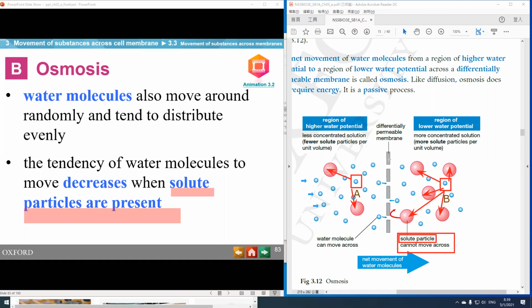So you can see water molecules move towards the right. This is osmosis. This is very important.